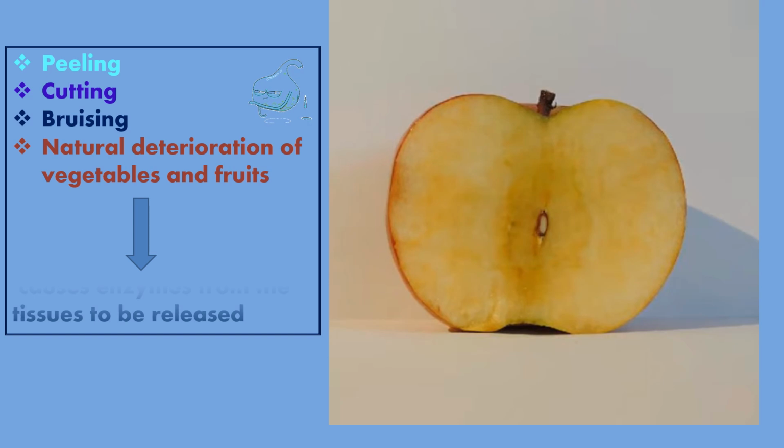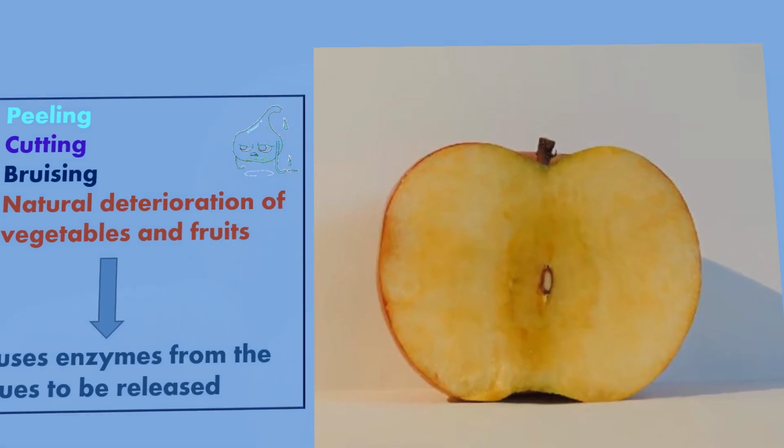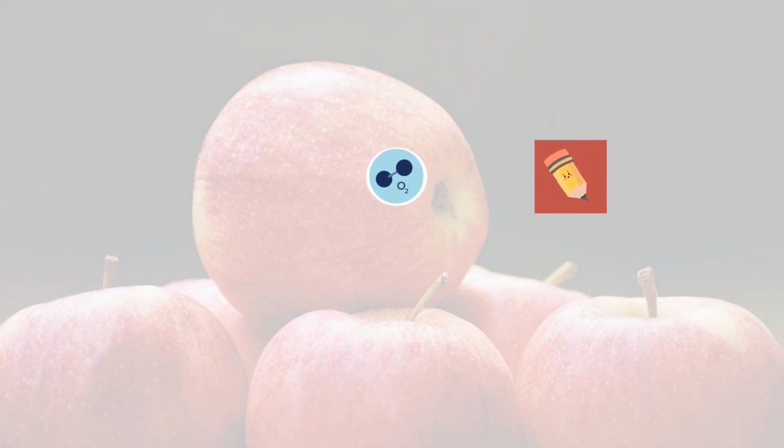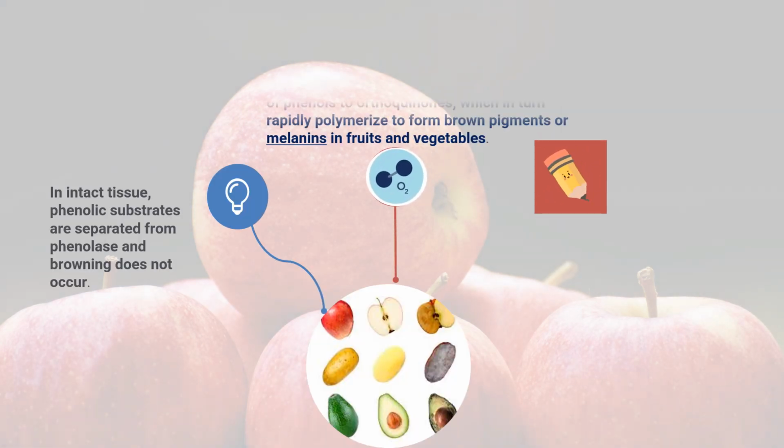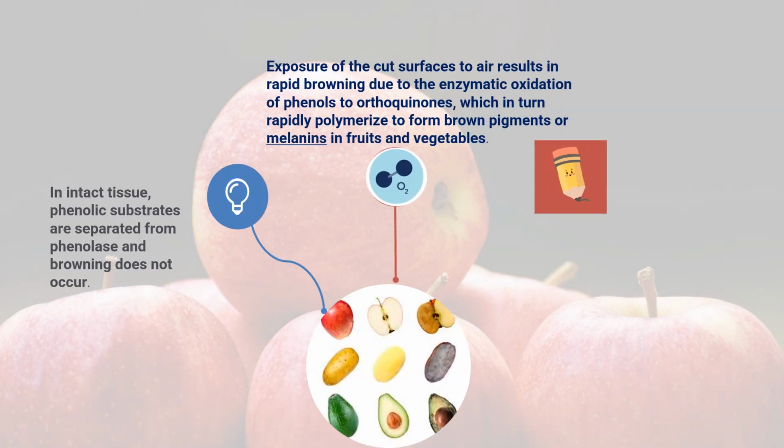This also happens sometimes when there is a natural deterioration or damage to the vegetables or fruits. In all these cases, the enzymes from the tissues are released. In an intact tissue, however, phenolic substrates are separated from phenolase, so browning does not occur.